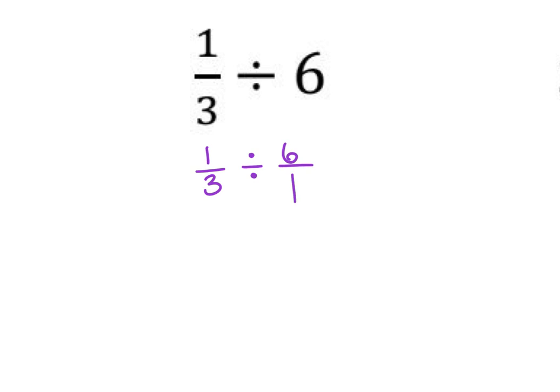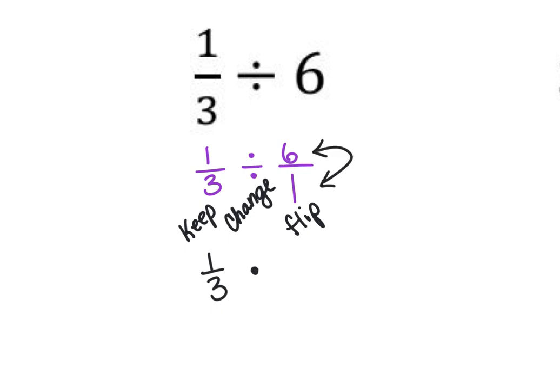All right, good job. Now, do you remember that good old thing that we learned called keep, change, flip? So we are going to keep 1/3 as 1/3, we are going to change our division to multiply, and we are going to flip 6 over 1 to its reciprocal of 1 over 6.